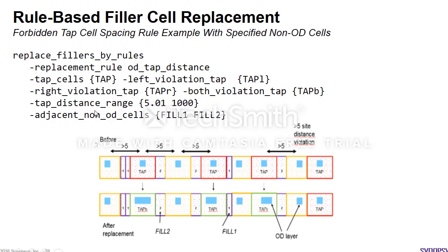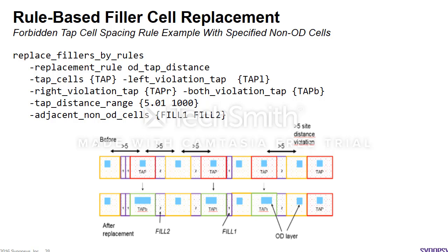Between the min and max, if the legal max OD spacing is less than or equal to 5 units, you will need to use 2.01, and the value 1000 is an ability that will not affect the spacing check.